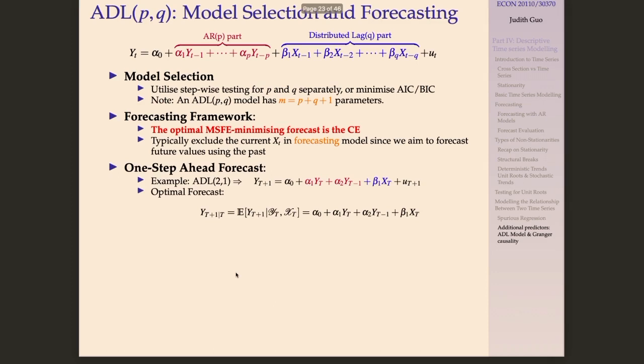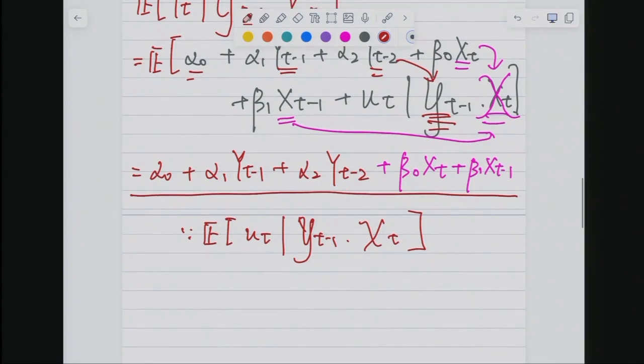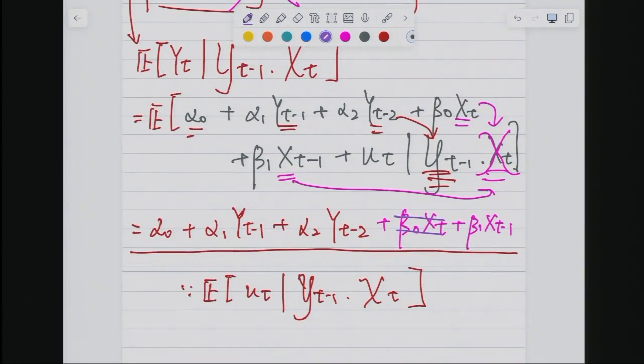So the one step ahead forecast is just the conditional expectation of Y given the past information of X and Y. Given the conditional expectation we have found here, it's just that now we don't have this XT term, and all you need to do is change the notation, the lowercase t to uppercase T plus 1.